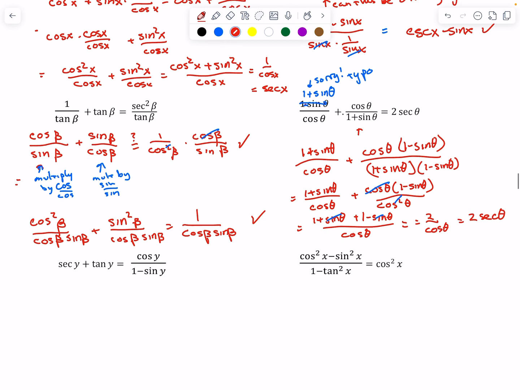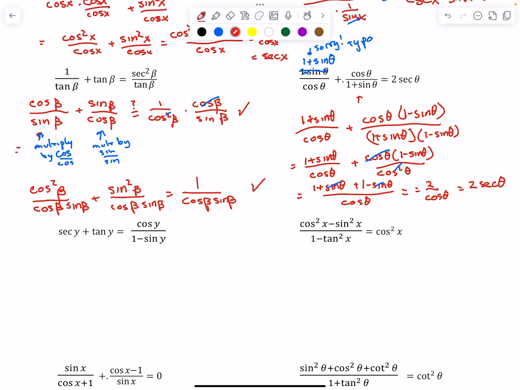And we got it. All right, next, secant plus tangent. Fine. What do we have? I want to get 1 minus sine y on the bottom, so I'm just going to multiply the top and bottom by 1 minus sine y, and hope for the best again.